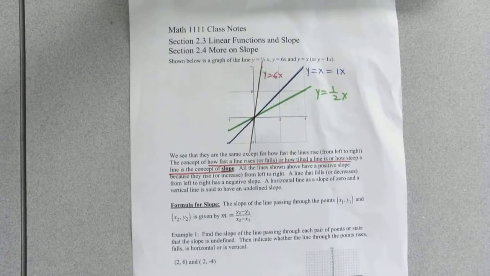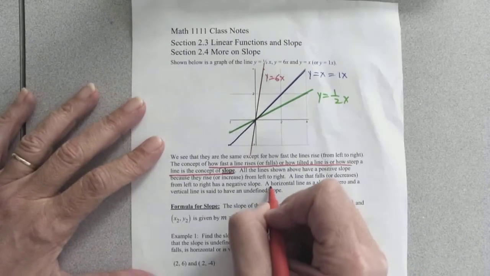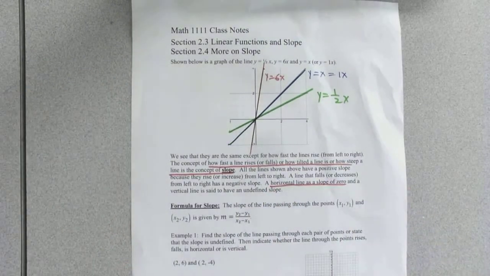All those lines are said to have a positive slope because as we trace them from left to right, the line rises. Positive slope lines rise as we travel from left to right. A line that falls from left to right has a negative slope. Then a horizontal line has a slope of 0.